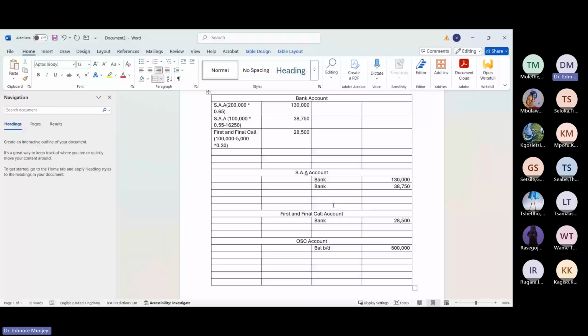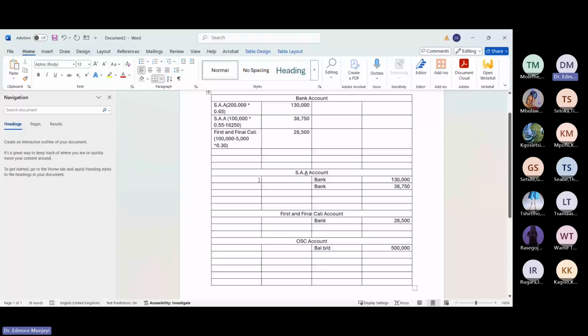Since the money was returned, the first thing we do in our share application and allotment account is to debit it by the money of 75,000 shares.